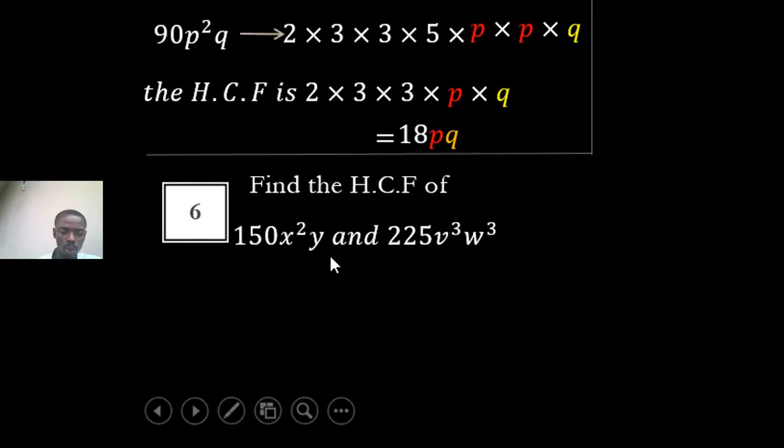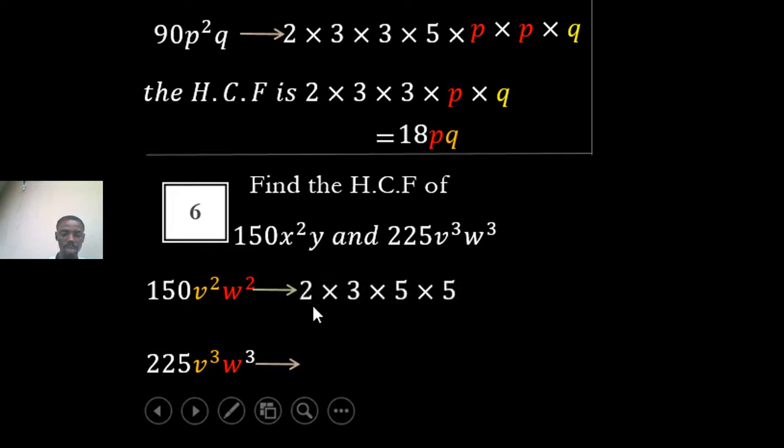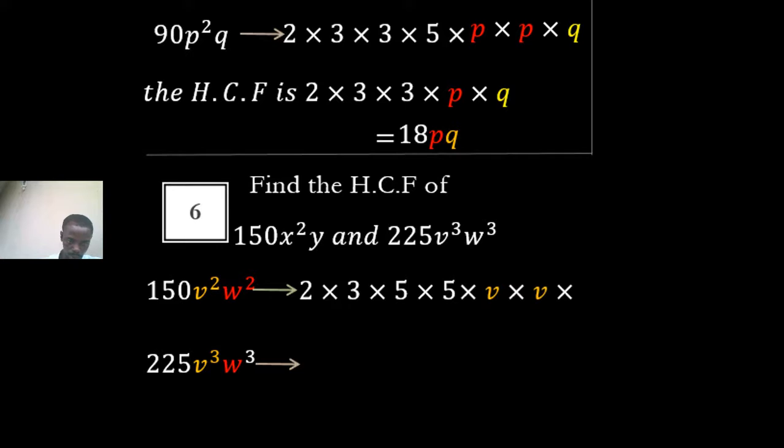This is 150v squared w squared and 225v cubed w cubed. Okay, so expressing 150 as a product of primes, what do we have? We have 2 by 3 by 5 by 5. Yes. Then breaking down the alphabet, that's going to be v squared, that's v by v, and w squared is going to be w by w.